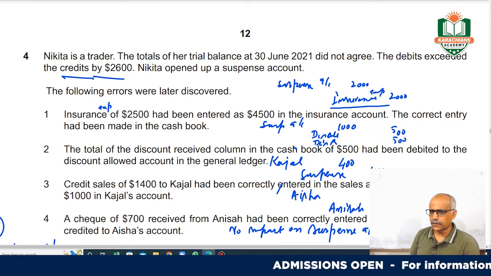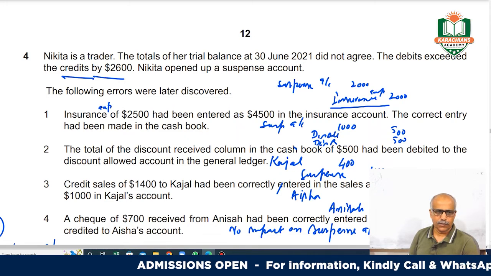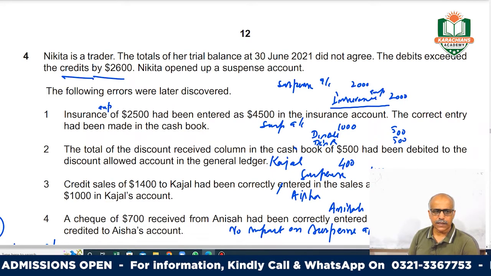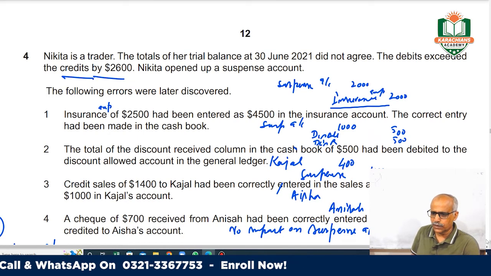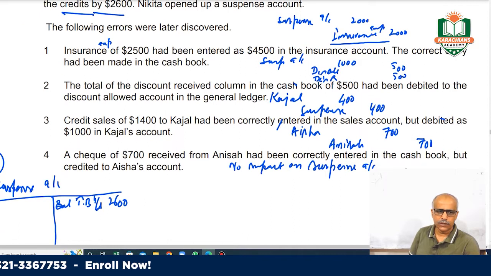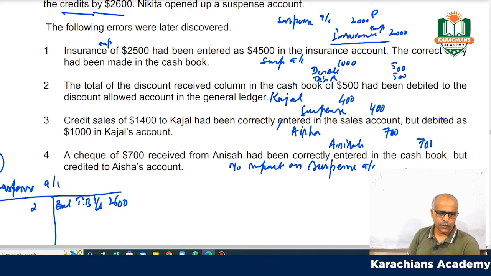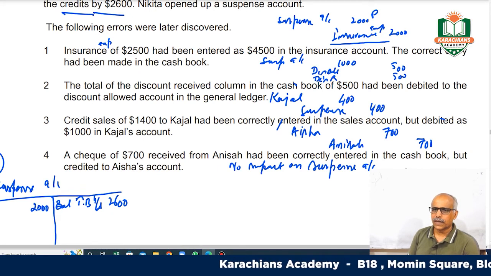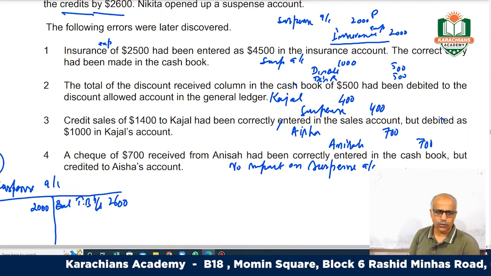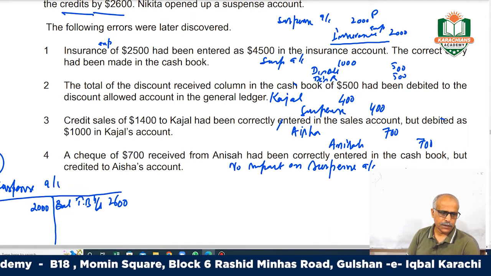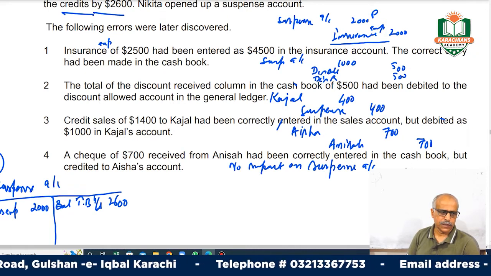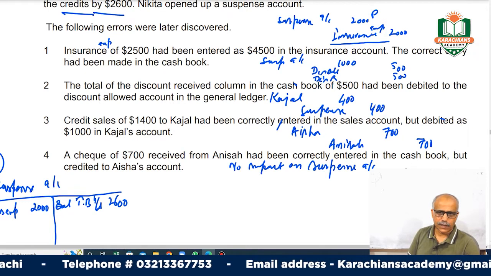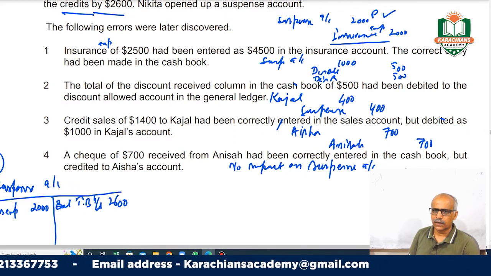The suspense account here is being debited. When we made the correcting entry, we made suspense account debit and insurance expense 2000 credit. So the suspense account is 2000 debit here, and this is debit because of insurance expense. So you write insurance expense, and the date was 30th of June. We have done with this.